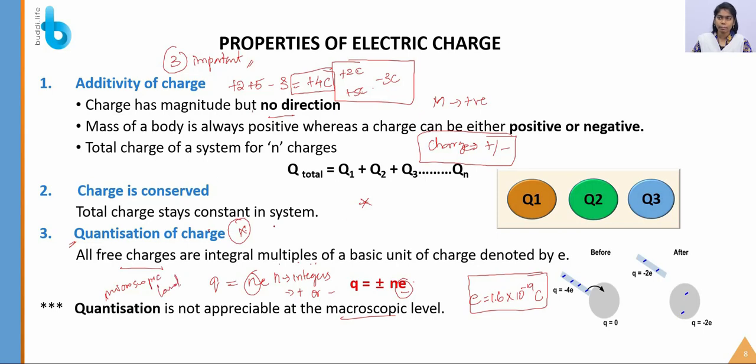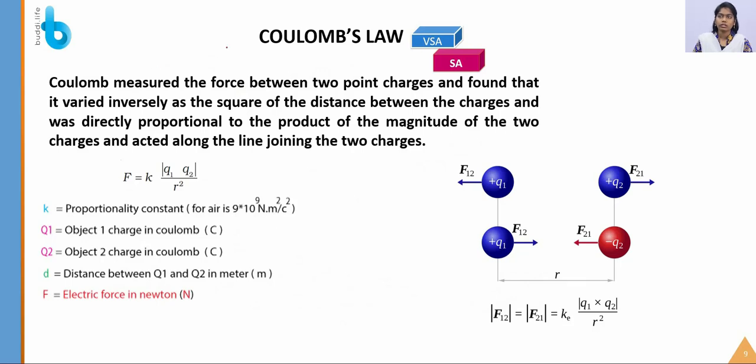Okay, let's move on to the next topic, Coulomb's law. In this topic we will ask very short answer and short answer questions. What type of question you can expect is a derivation, that is, how Coulomb's law is formed, how the formula is formed, or a definition, or problems.